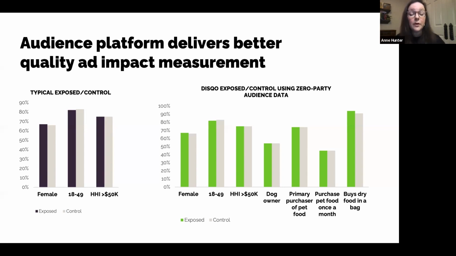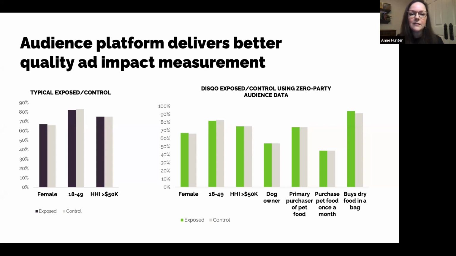Now, they're not 100% perfect, and we know that nothing is going to be as perfect as an RCT. But when you don't have a random controlled trial and you need to match test and control, being able to do so using their prior brand propensity gives you the ability to deliver far more accurate measurement, and thus your optimization becomes better, and thus your sales become better, and your share of market becomes better.